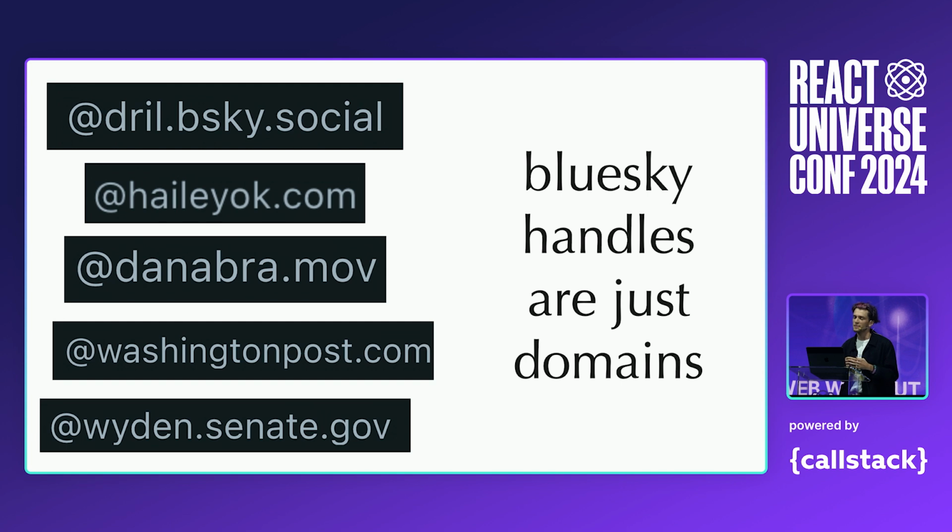It's a bit weird, but it's interesting that you can always swap it out for a domain you own. For example, my colleague Haley owns haleyok.com, so she just swapped it out to be her username. I also wanted a cool username, so I just bought danabra.mov, because you can have .mov domains now.